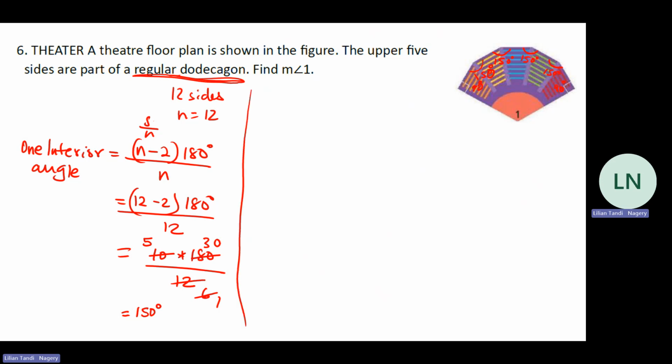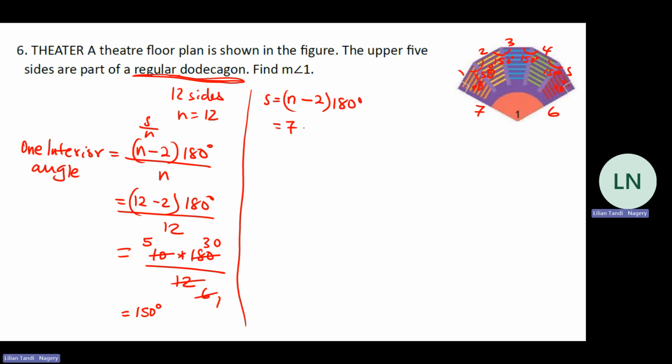Now, angle 1 is no longer in a dodecagon. Let's count how many sides we have. 1, 2, 3, 4, 5, 6, 7. So we have a heptagon. And we want to find all the interior angles of a heptagon. So we will do S equals n minus 2 times 180.